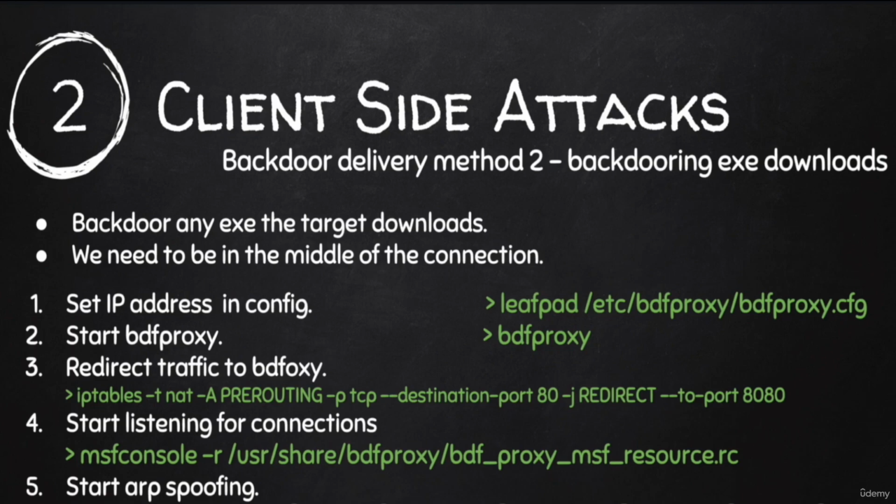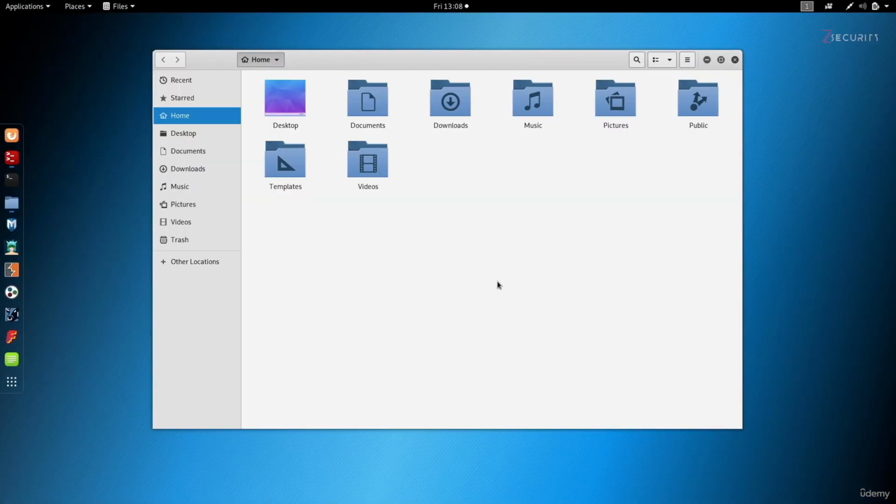Now to do this, we're going to be using a tool called Backdoor Factory Proxy. I already installed this tool for you in the custom image that I made for this course. So all we have to do is go to our Kali machine right here and navigate to the location where I installed it.